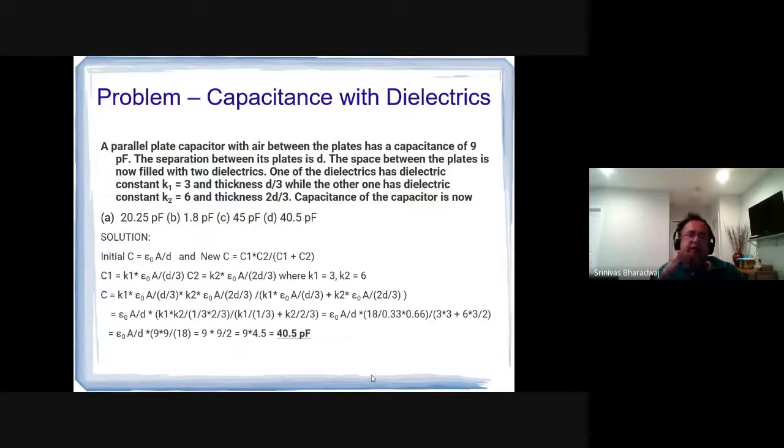So 1 by 9 plus 1 by 36 equals 1 by C. When you evaluate 1 by 9 plus 1 by 36, you will get 36 by 5, and correspondingly you will get the value of the capacitance.